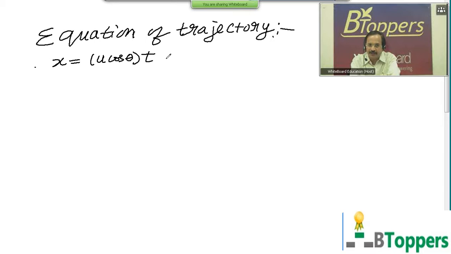For that, you have to eliminate the time t from the equations for x and y. So displacement x in the horizontal direction in time t after projection is given by x equal to u cos theta into t. From this equation, you can write t equal to x by u cos theta.